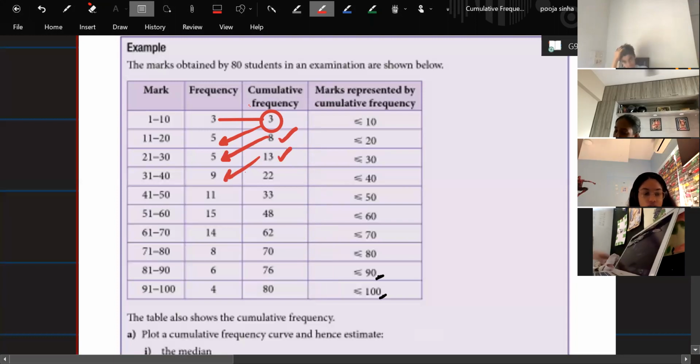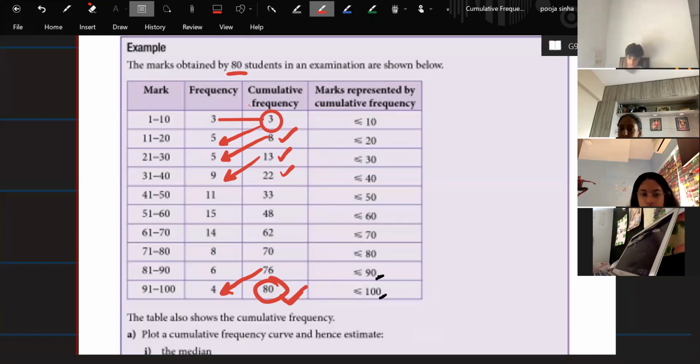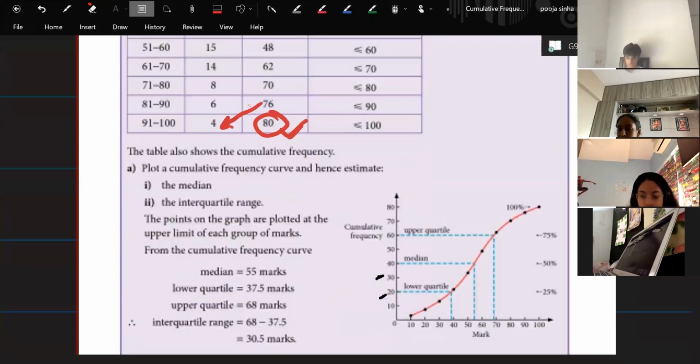This to the next frequency, you get 22. Similarly, you keep adding to the next frequency. And the interesting thing is the last value is 80, and that should be the number of given students. Clear hai? Is that clear? That's how you will find your cumulative frequency.